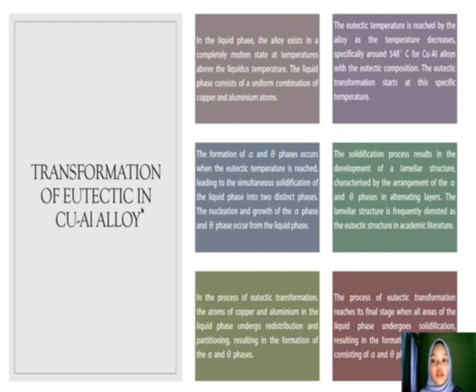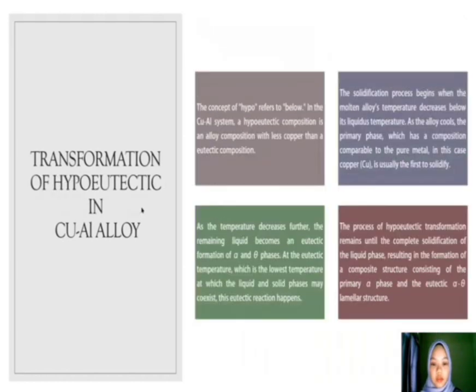The solidification process results in a lamellar structure. In the process of eutectic transformation, the atoms will undergo redistribution and diffusion, resulting in the formation of alpha and theta phases, and then the eutectic transformation will reach its final stage when all the areas undergo solidification.